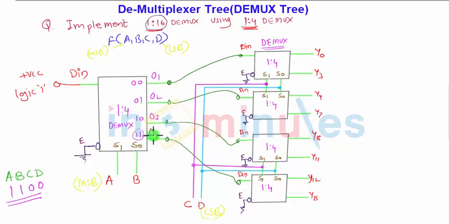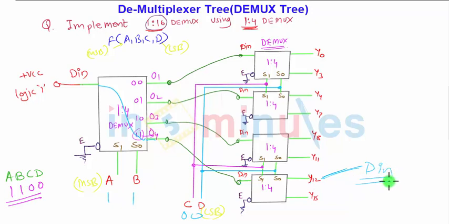And for 1 1, O4 is selected, and O4 means this data input is shorted to O4, and after O4 this data will be shorted to the D input of the last 1:4 demux. And if CD is 0 0, CD 0 0 corresponds to Y12, that is the first one, Y12, Y13, Y14, Y15. So first one is Y12. The data input pin will appear here at Y12.